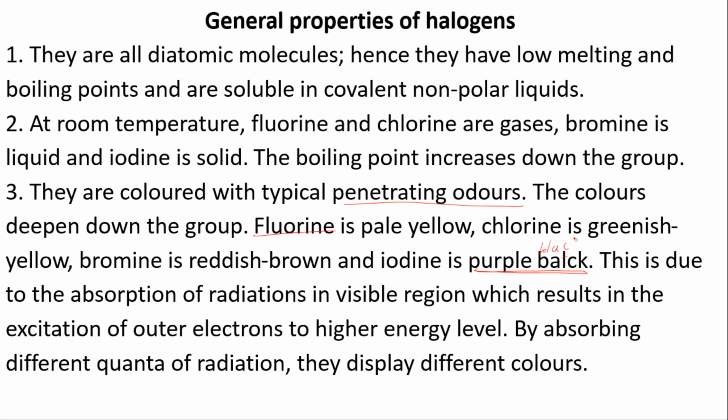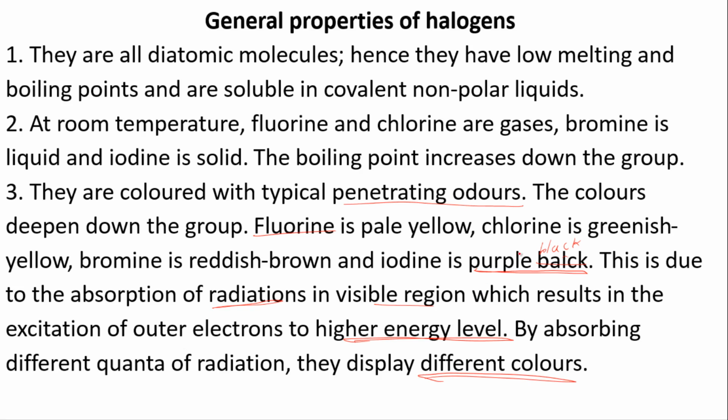But this is due to the what? Absorption of radiation in the visible region, which results in the excitation of valence electrons to a higher energy level. By absorbing different quanta of radiation, they display different colors.